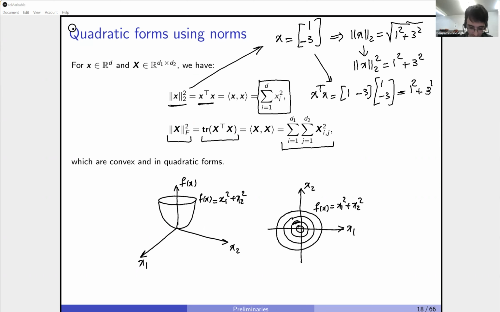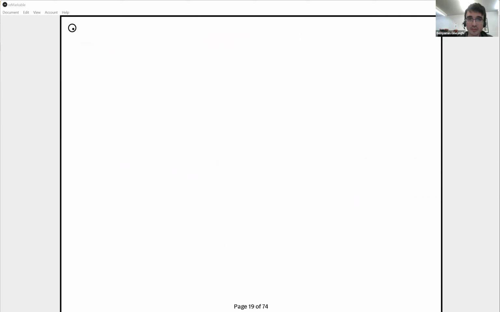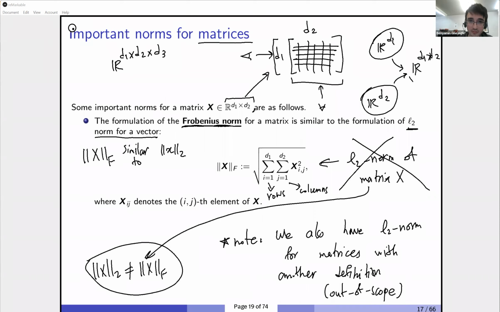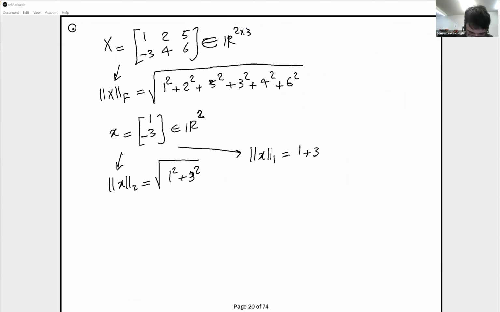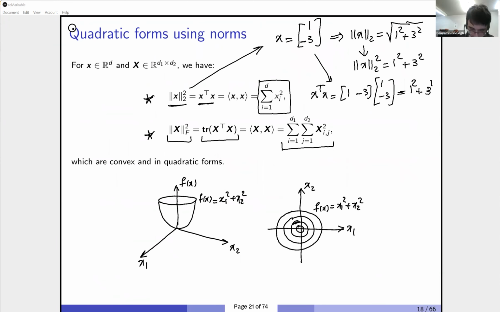You just need to square it, so you get rid of the square root. So these two equations you can use interchangeably.